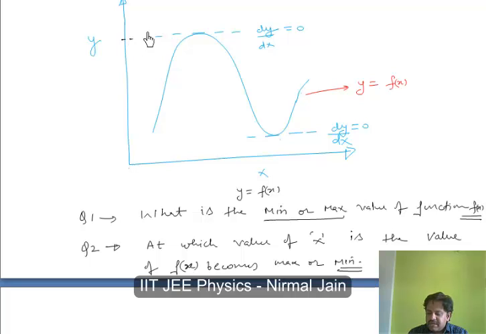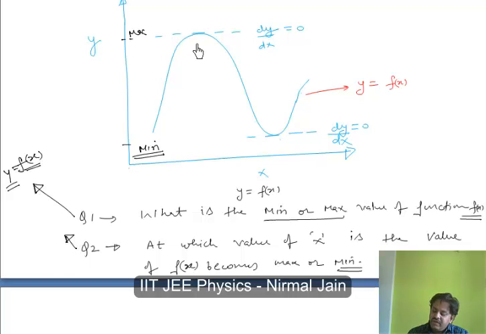So this is the maximum value of the function in this graph, and this is the minimum value of the function in this graph. So the answer to question 1 will be the value of f(x), that is the y coordinate. While in case of question 2, we will be asked the position x where this function is maximum.